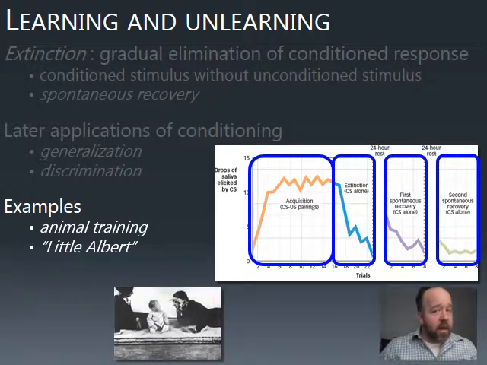In humans, there's the famous example of little Albert. And this is the sort of experiment that would never be allowed today. But decades ago, John Watson, who we mentioned a few lectures ago, conditioned a baby named Little Albert. Not literally the baby's name. That was the baby's name for the purposes of the research study.